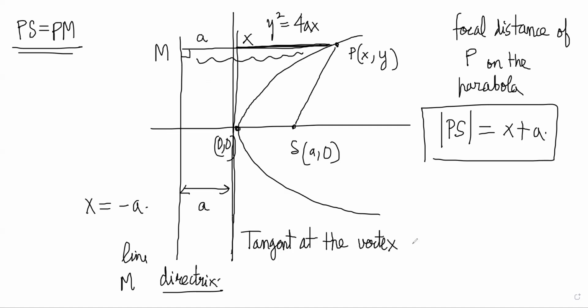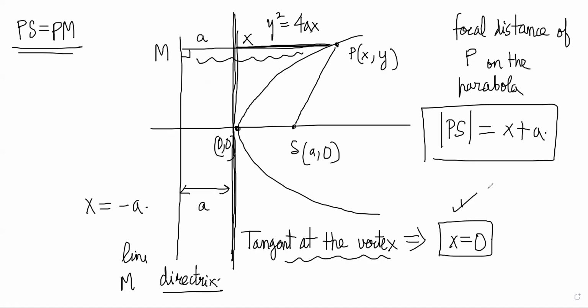The equation of the tangent at the vertex is x is equal to 0, right? So this will become useful later on. Tangent at the vertex is the line tangent to the curve passing through the vertex, and that is x is equal to 0 in our standard parabola.